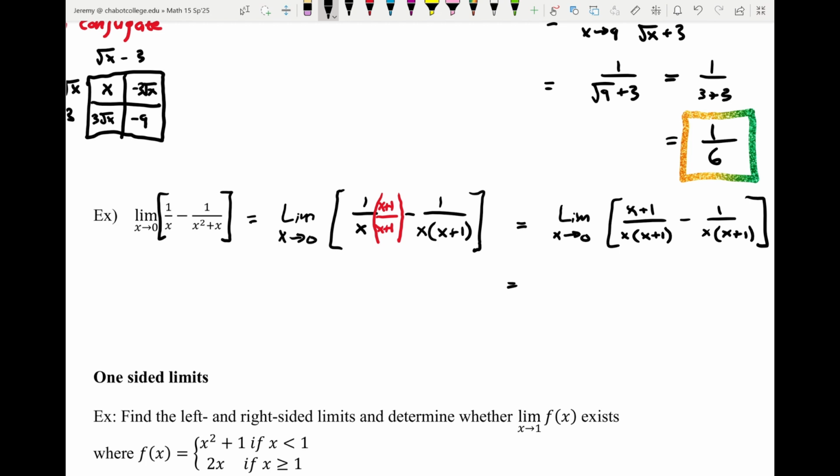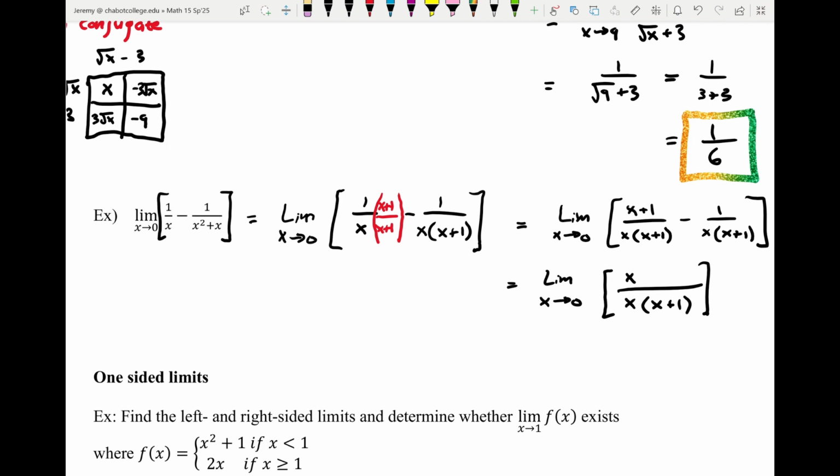We can now just subtract the numerators. So we'll have x plus 1 minus 1 in the numerator, and then x times (x plus 1) in the denominator, right? And then plus 1 minus 1, that just becomes a 0. So we have this.